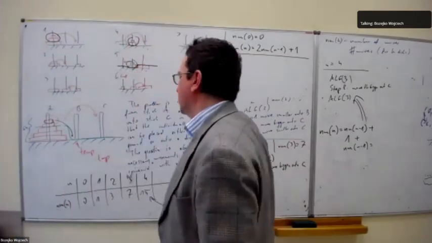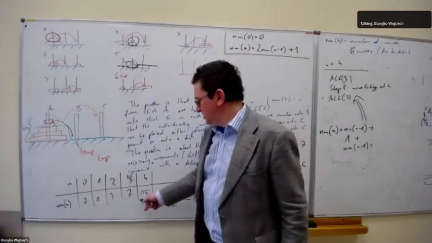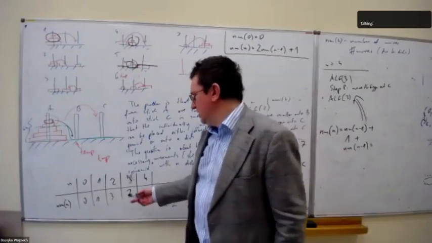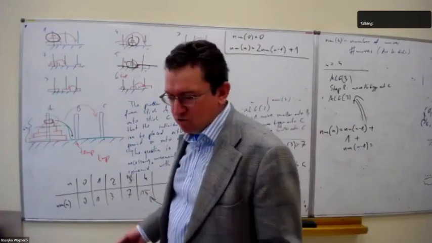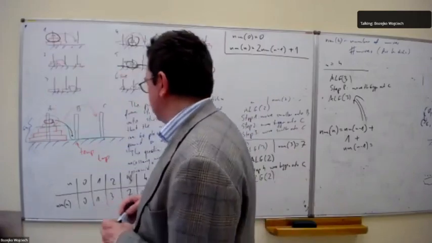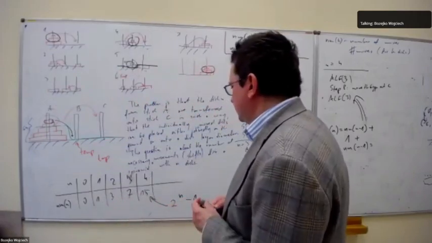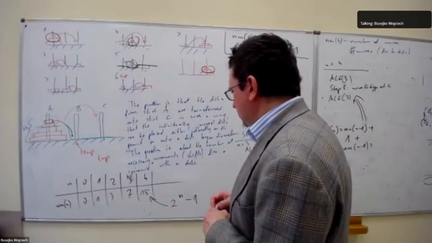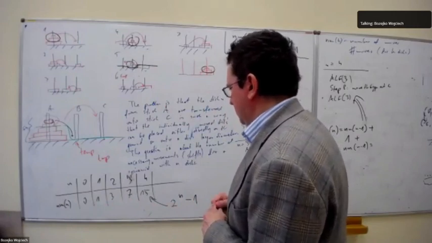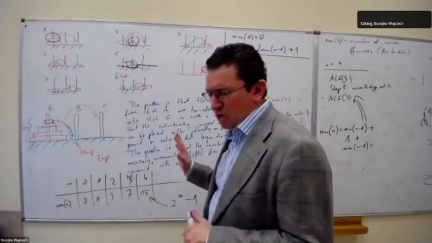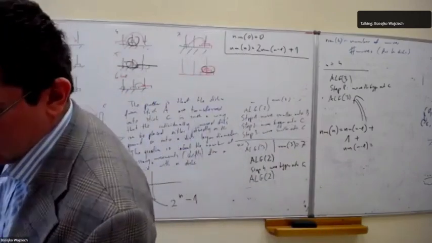Sometimes we can just guess the result. Here it is easy, because we can just say 2 to the power of n minus 1. So it seems nice, but in general it can be difficult. Do you have any question about this part of the lecture?